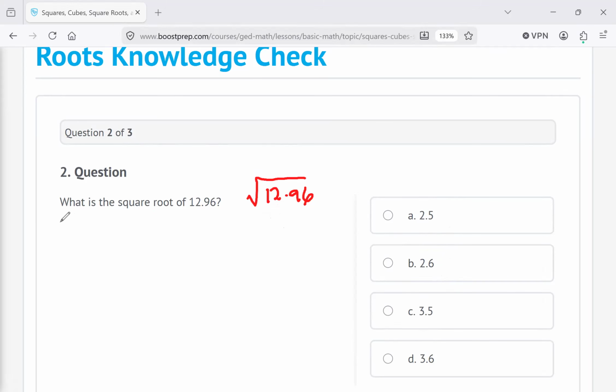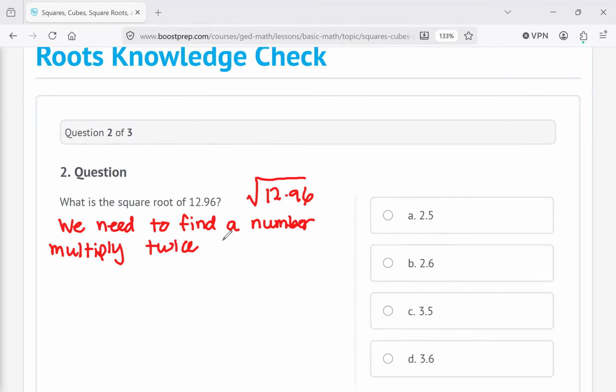So what we need to find is a number multiplied twice to get 12.96.